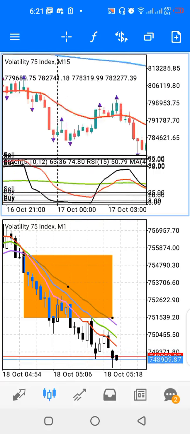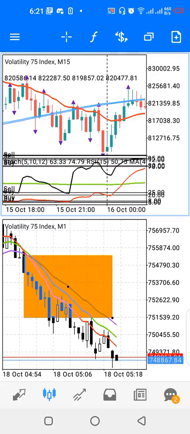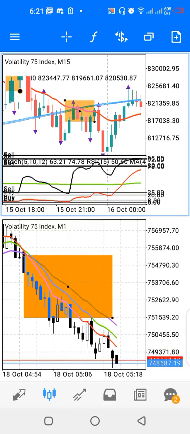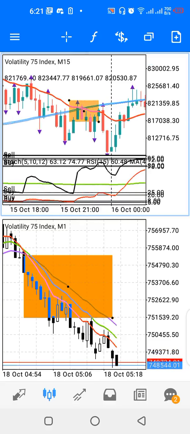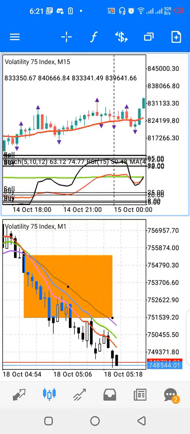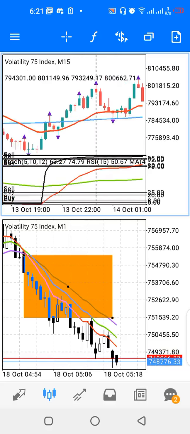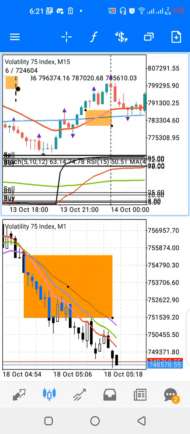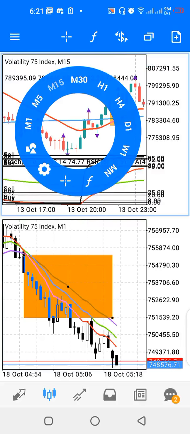But when the red line crosses down on the blue line, that's an indication of a bearish trend, the start of a bearish trend. On the other hand, when the red line crosses above the blue line, that's the start of a bullish trend. At times we have a fake out, just like what we have here.